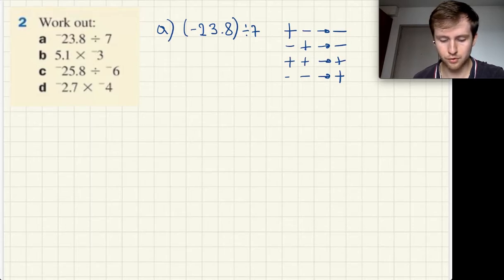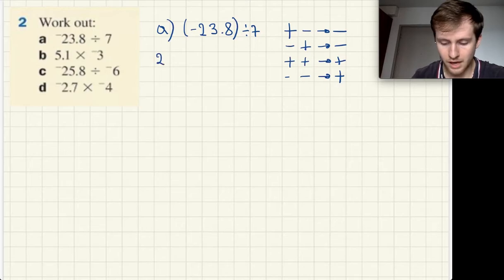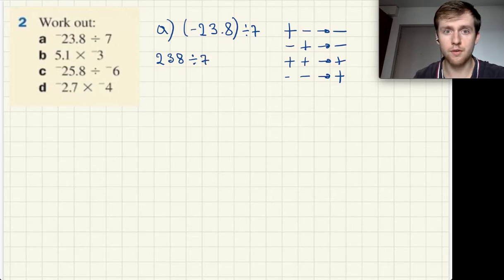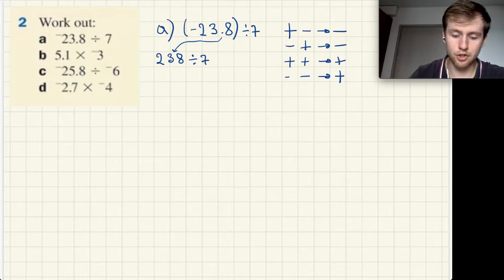So what we can do is we can just do 238 divided by 7. But 238 is, of course, a big number. It's not actually a number that we are using. But we can add this point later, or actually we can just do a normal division.